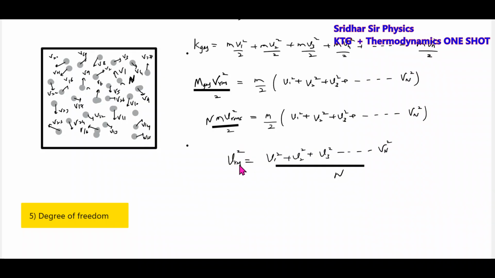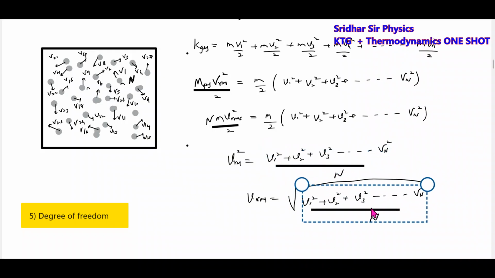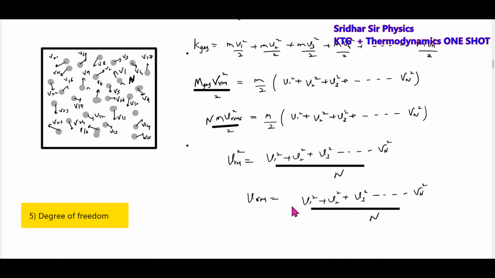Further, everything will be under root of this quantity. That's why it is called root mean square. Okay, fine, so this is one basic piece of information.